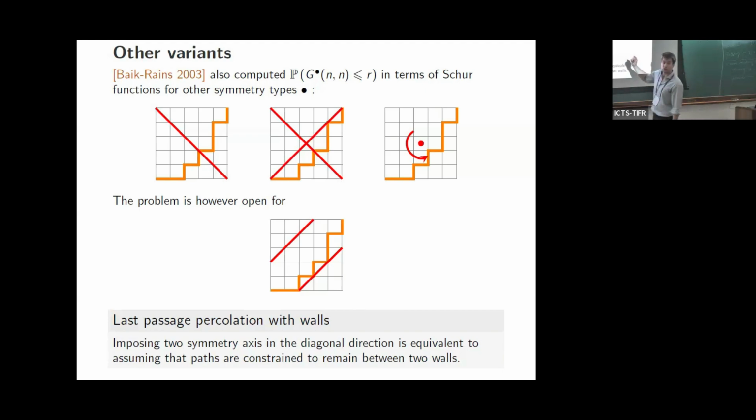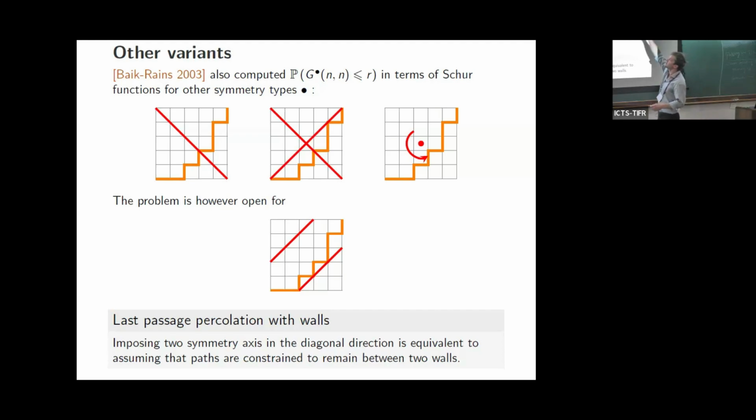You can assume also that the weight matrix is symmetric with respect to both diagonals. Again, one can do everything. They also consider the case where the matrix is symmetric with respect to the composition of these two reflections. So that is a symmetry with respect to a point. And again, one can write everything in terms of Schur functions and do asymptotics.